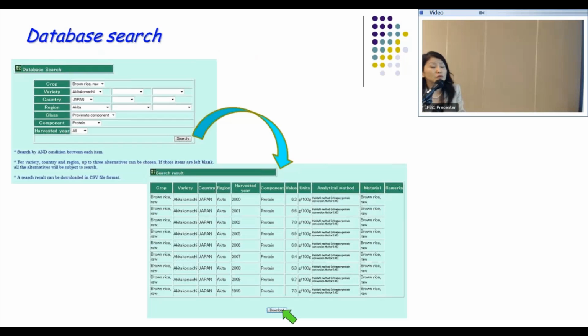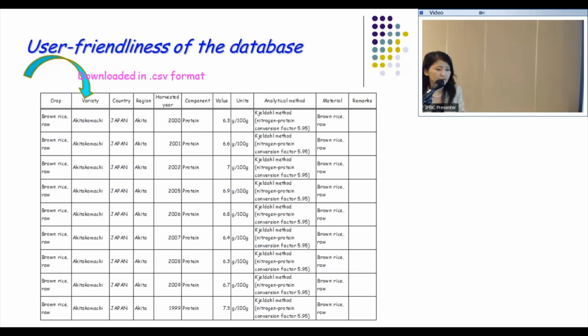And if the user wants, the data can be downloaded by just clicking download. The data can be downloaded in CSV format as shown here, and the data can be utilized for any purpose. And also, we try to offer user-friendliness on the database.